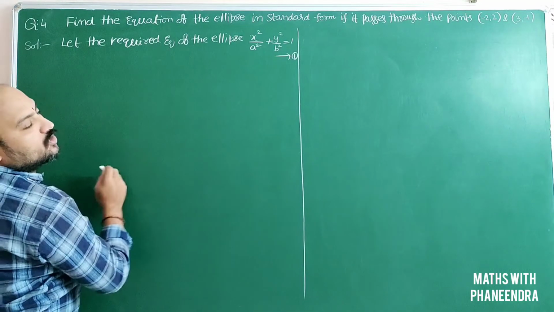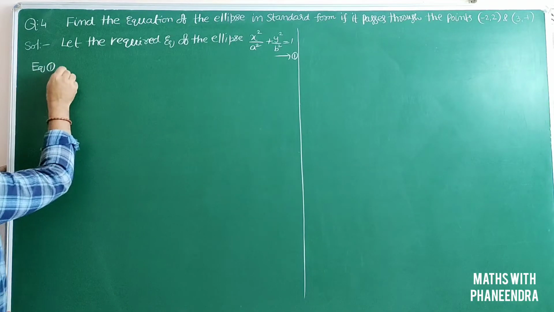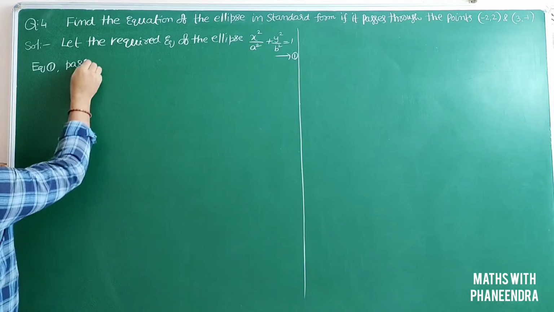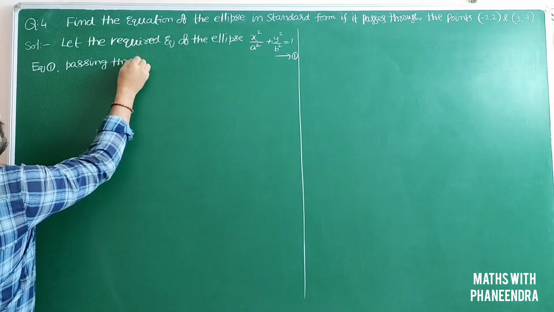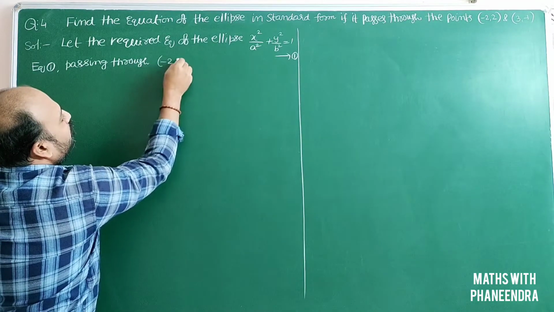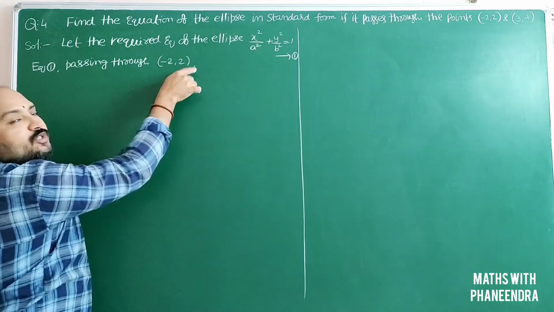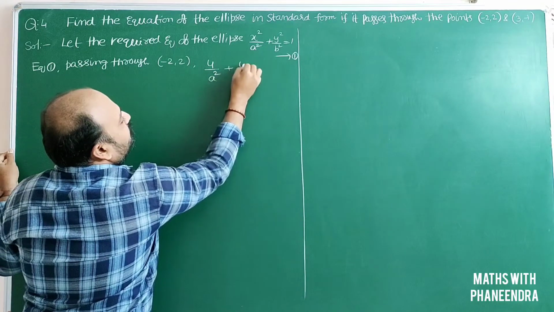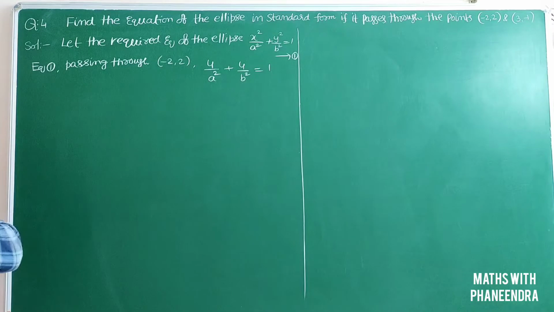Equation 1 passing through the first point (-2, 2). So in place of x and y substitute -2 and 2, it becomes 4 by a square plus 4 by b square is equal to 1.